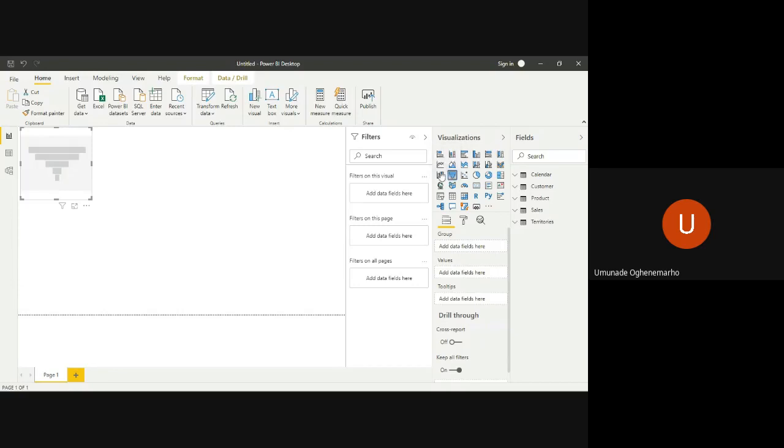Funnel charts visualize a process that has stages. And basically, to use a funnel chart, these stages are usually linear processes, meaning it has a sequential connection.